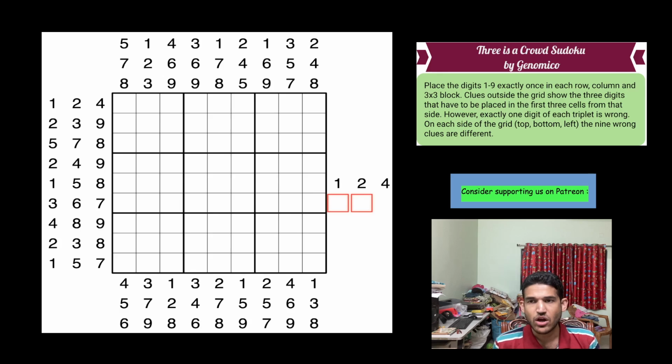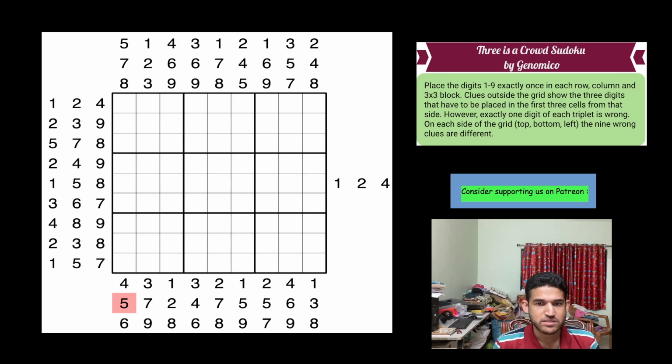On each side of the grid, top, bottom, left, the 9 wrong clues are different, right? So which means, let's say if you have a 5 as incorrect clue here, let's use coloring. I'm going to denote incorrect clues by using red and correct clues by using green. So let's say we deduce that 5 is incorrect.